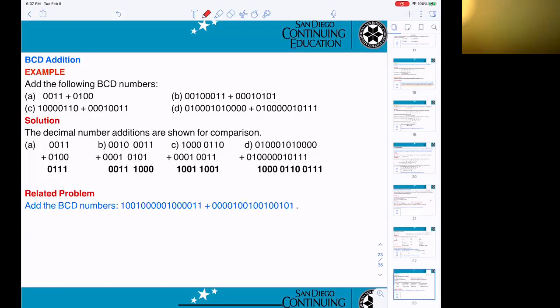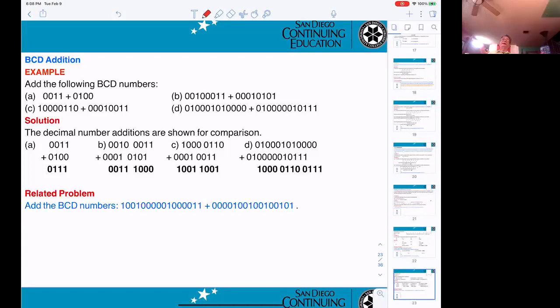Hey, Mr. Pham, a question on that. So it says add the BCD numbers. So basically, we would add them up like we did when you first talked about the addition, correct? Right. And then after you add them up like that, then you can break them into 4 bits for the BCD number.